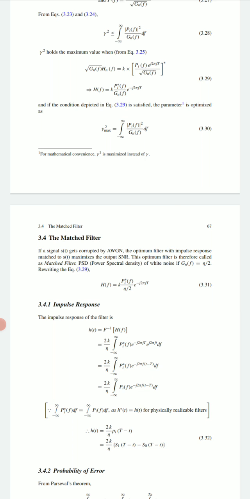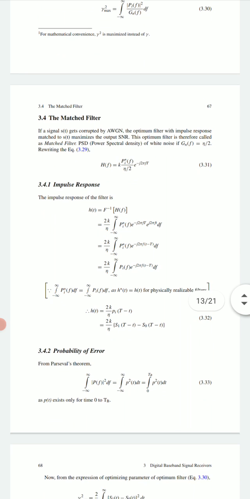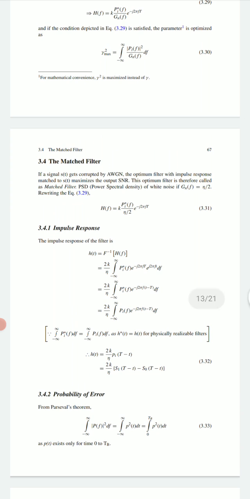In the last session, when we saw the optimum filter, that was for generalized Gaussian noise, and you get the optimum filter which will maximize the ratio, with the parameter gamma max square equal to the integration from minus infinity to infinity of |P(f)| square upon Gn(f) df.